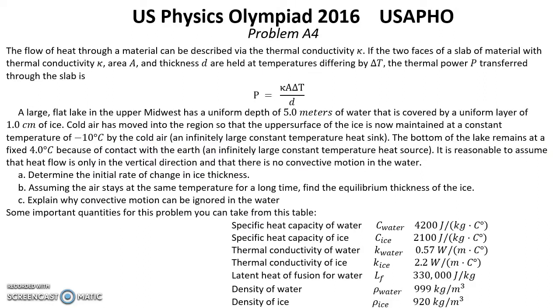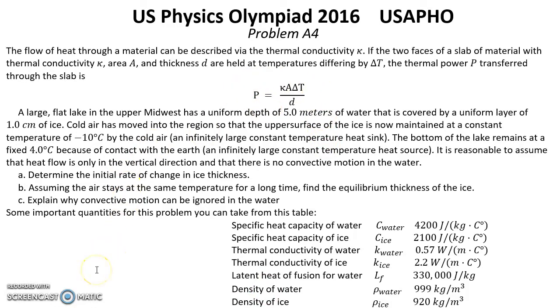Problem A4. The flow of heat through a material can be described via the thermal conductivity K. If the two faces of a slab of material with the thermal conductivity K, area A and thickness D, are held at temperatures differing by delta T, the thermal power P transferred through the slab is this expression.